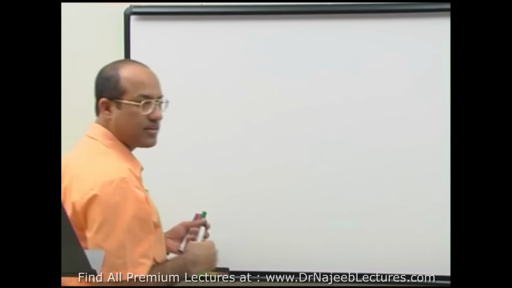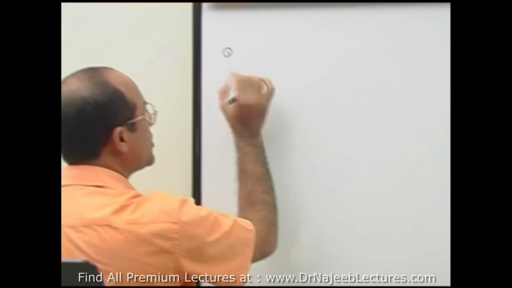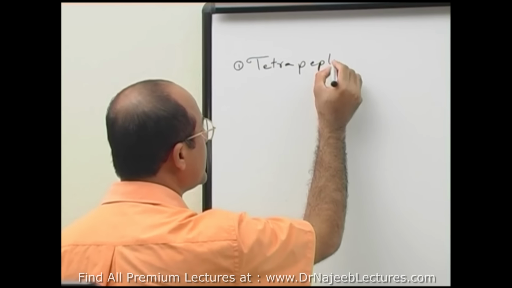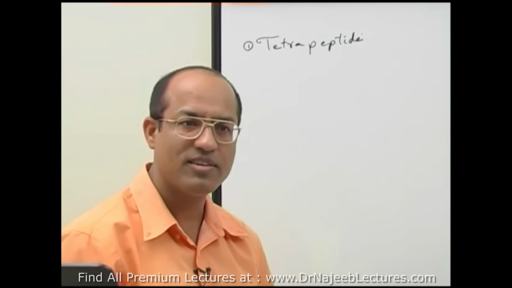An antibody is basically a tetrapeptide. Any antibody, number one condition, is a tetrapeptide. When I say that an antibody is a tetrapeptide, how many peptide chains does it have? Four.